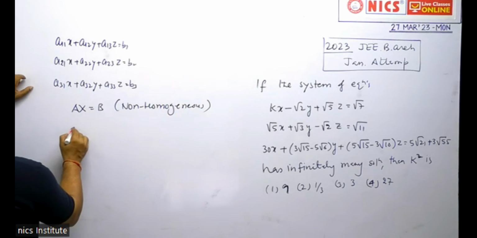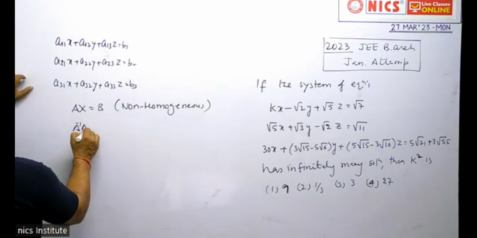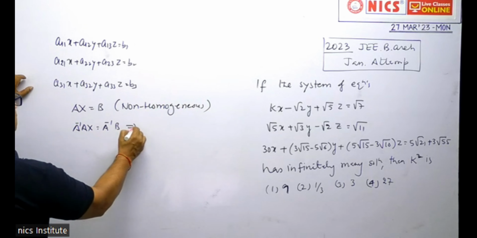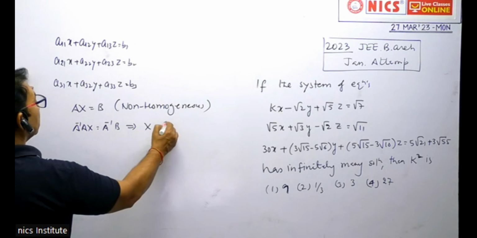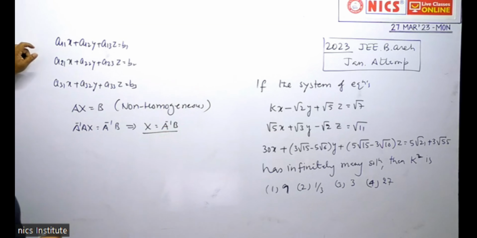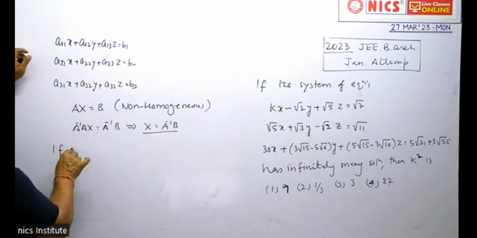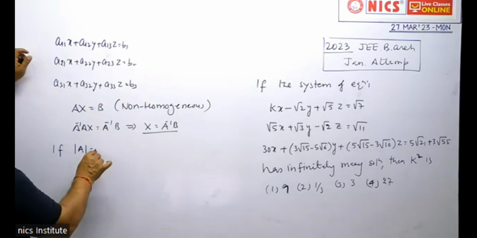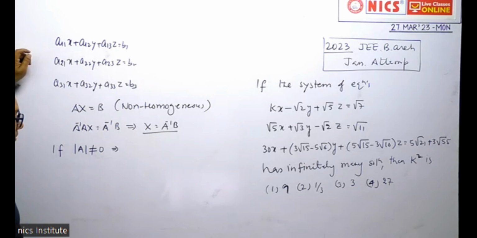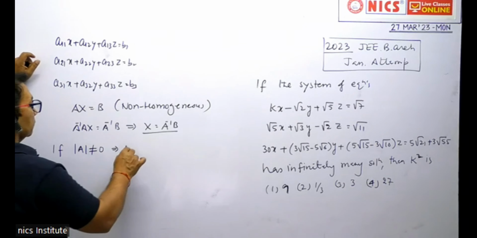If you pre-multiply by A inverse, then you get this. So this is the matrix method for solving, but this won't be part of your entrance exam. So if determinant of A is not equal to 0, we say that the matrix is non-singular.